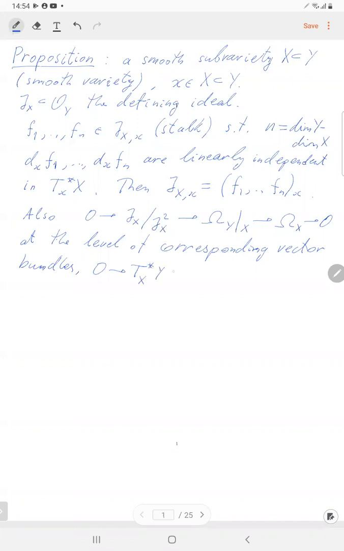It embeds into the cotangent vector bundle on Y restricted to X, and in the quotient you get the cotangent vector bundle of X itself. So this is called the conormal vector bundle.